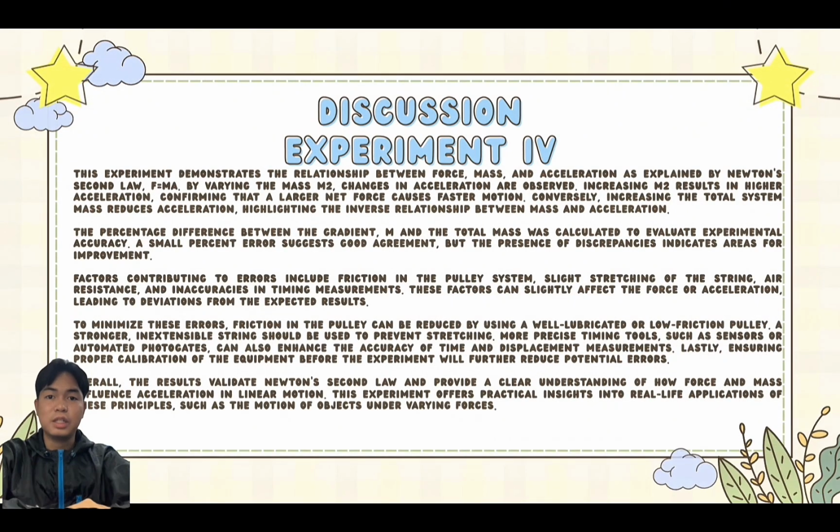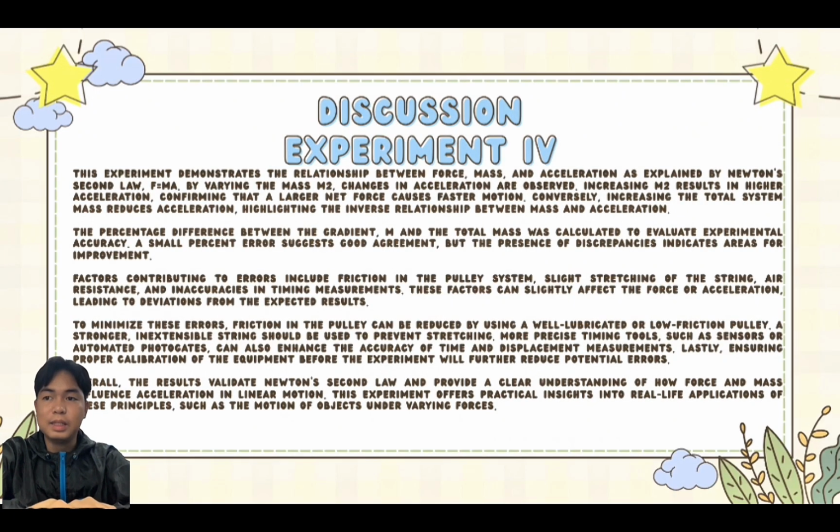So our discussion for experiment 4 is that this experiment demonstrates the relationship between force, mass and acceleration explained by Newton's second law, which is F equals ma. By varying the mass m2, changes in acceleration are observed. Increasing m2 results in higher acceleration, confirming that a larger net force causes faster motion.